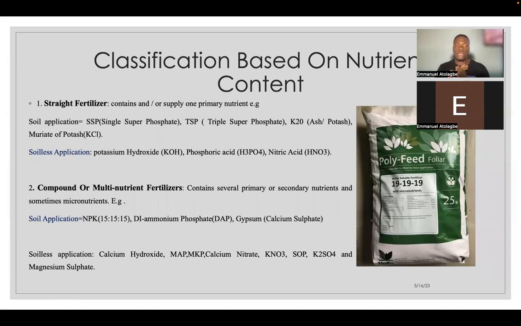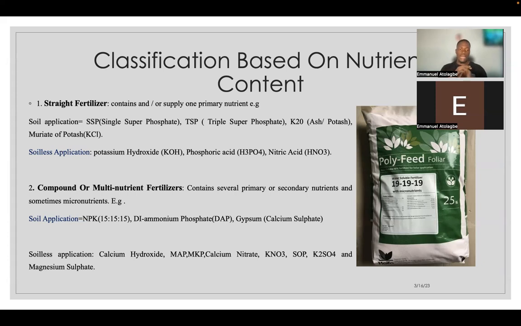An example of that is the SSP, the single superphosphate, supplying phosphates singly, triple superphosphates, and the likes. That is for soil application. Then for soilless application, you are dealing with something that can easily be dissolved. So in that light, we are looking at potassium hydroxide and the likes of phosphoric acid, nitric acid.